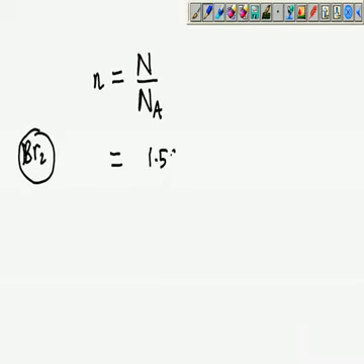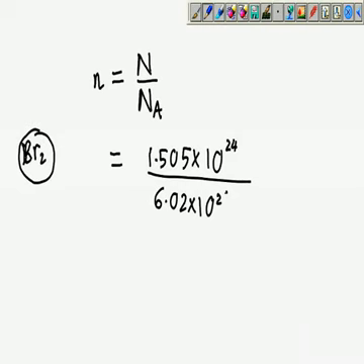molecules and 6.02 times 10 power 24, no, 23, sorry. So the calculation will be this one, you get 15.05 divided by 6.02.